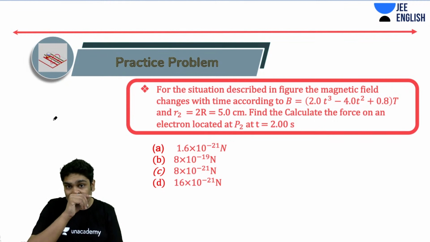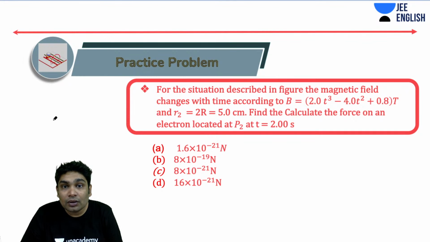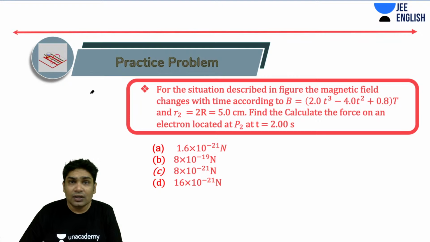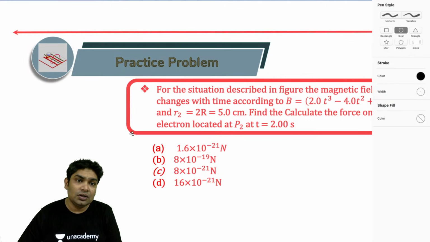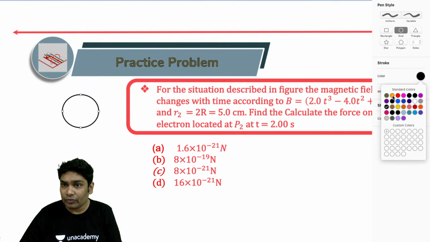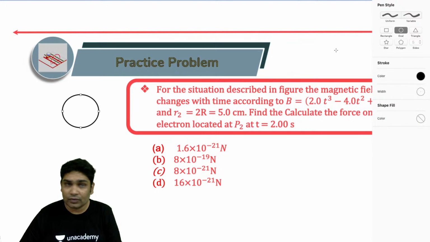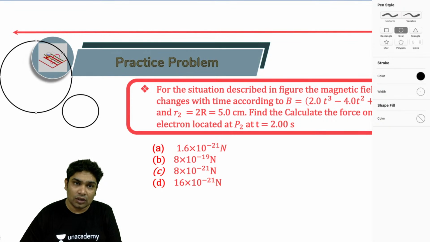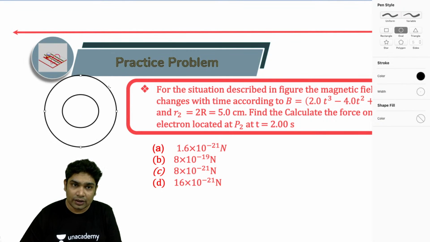The problem is that here we don't know where this thing is. I think I can help you with the figure. The figure would certainly be like this. So you draw the figure: first you would have a region of radius R, and then another region, here it would be 2R.